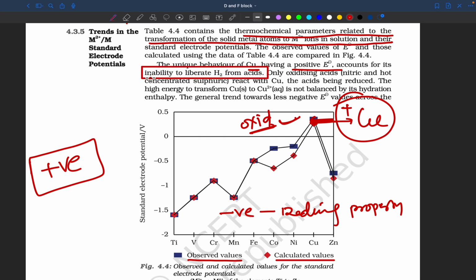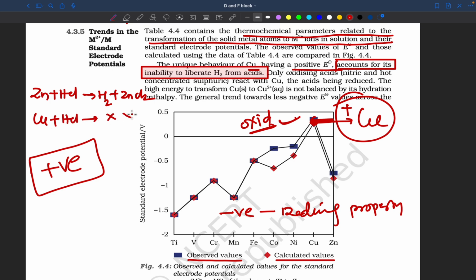This is the point, right? I will tell you an equation here. Zinc when placed in HCl, we will get hydrogen gas and zinc chloride is formed. But if you do the same thing with copper, no reaction takes place.